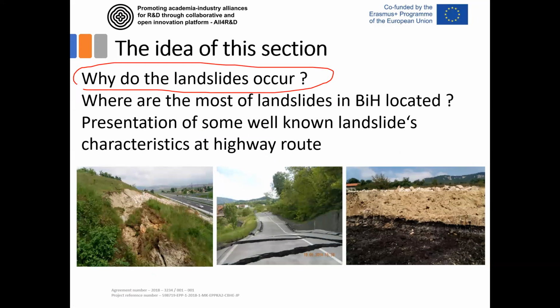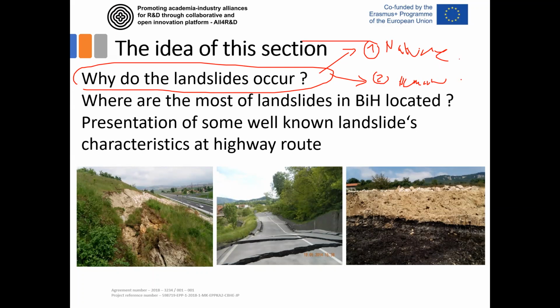Why do landslides occur? Well, landslides occur due to two main aspects. The first aspect is nature, and the second aspect is the human factor. Of course, very often it is actually a combination.